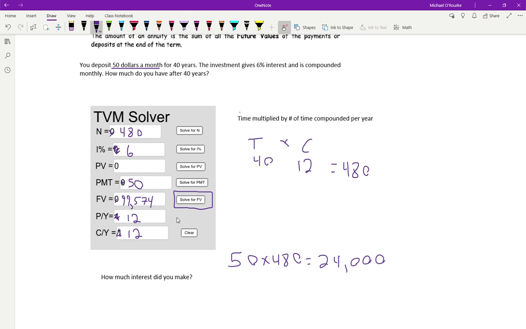And to find the difference, how much interest we made, we're going to take our final total and minus off how much we put in. So that means we made $75,574 in interest from this investment.